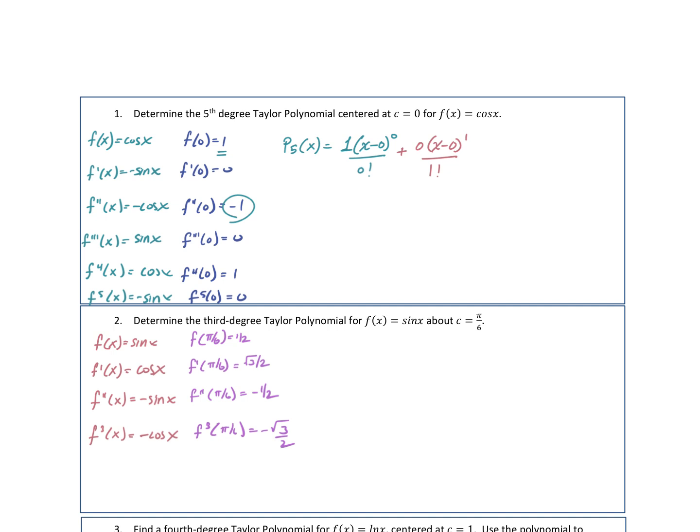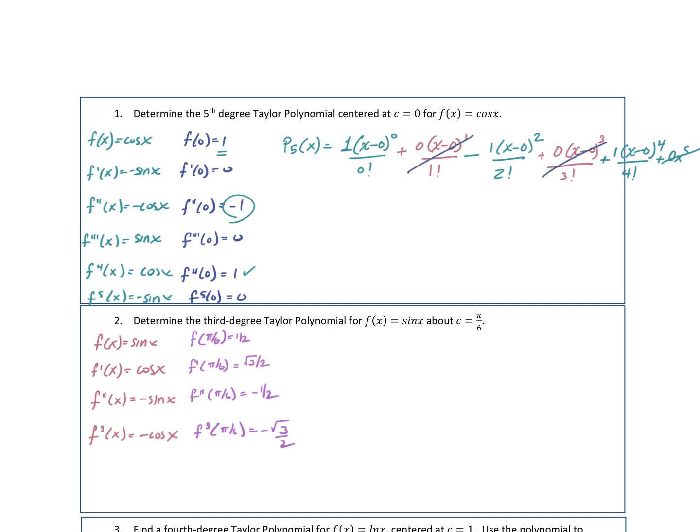Now I'm on the 2nd derivative, so minus 1 x minus 0 squared over 2 factorial, plus 0 x minus 0 cubed over 3 factorial. And this is the 4th one, so plus 1 x minus 0 to the 4th over 4 factorial. And the last one is plus 0, and I'm just going to say x to the 5th. So that goes away. So all the ones in red go away.